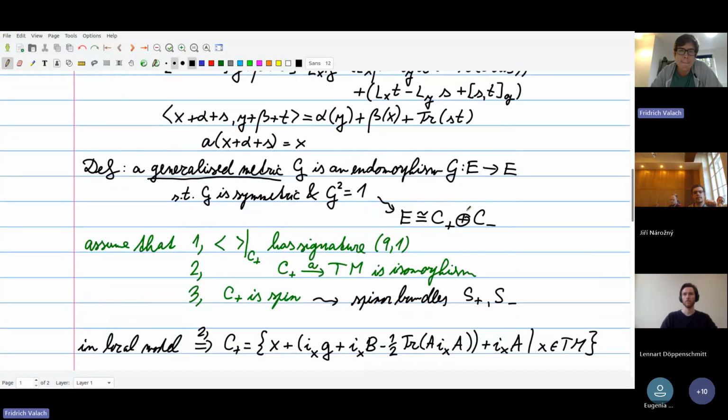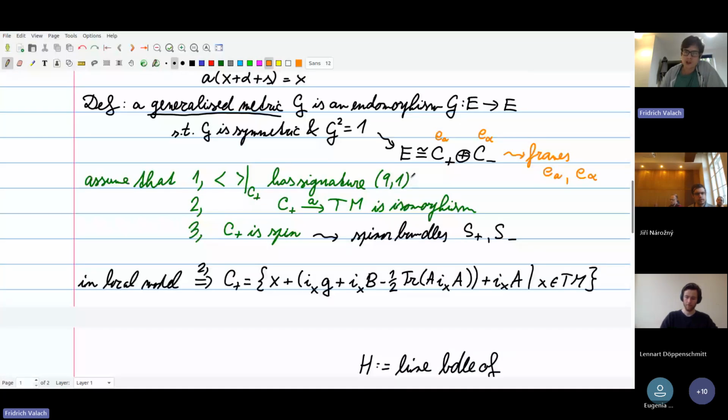Sorry, let me just say one thing here. Let me use the following notation. I will denote frames of C plus and C minus by Latin letters and by Greek letters, so E_A and E_alpha. This thing will have some local frame E_A, and this thing will have some local frame E_alpha.